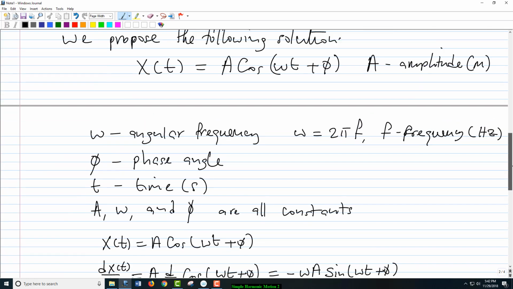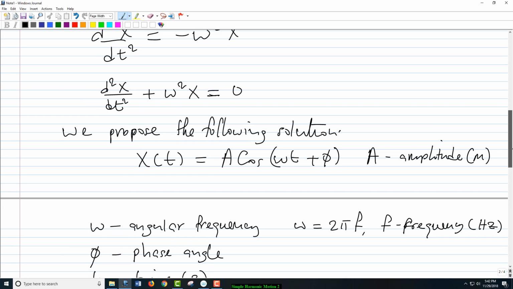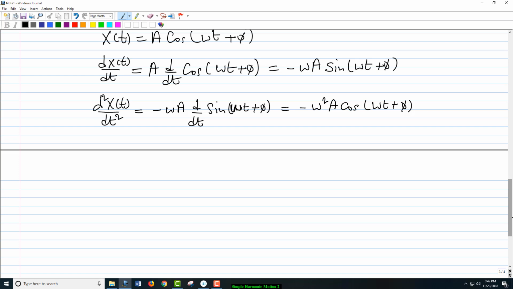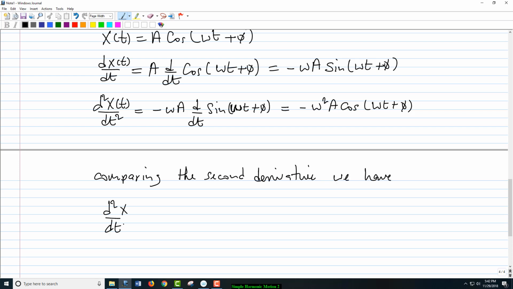From that, we can now go to our differential equation and substitute that into that differential equation. So we can say that comparing the second derivative, we have the following: d squared x dt squared can be written as minus omega squared A cosine omega t plus phi.